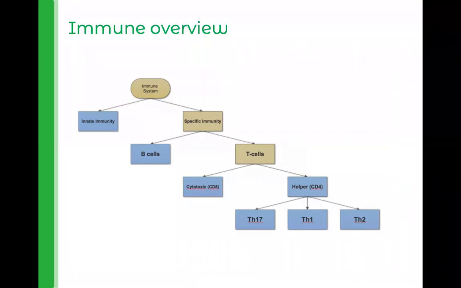TH17, I thought this was really interesting. I graduated, oh my God, how many years ago? 5 years ago. And when we did the immune system, 6 or 7 years ago, TH17 was a real hypothesis. Even our textbook, Biochemical Imbalances, which I think was written in 2010, had only half a page on TH17.